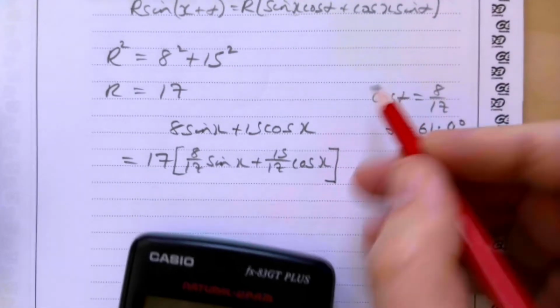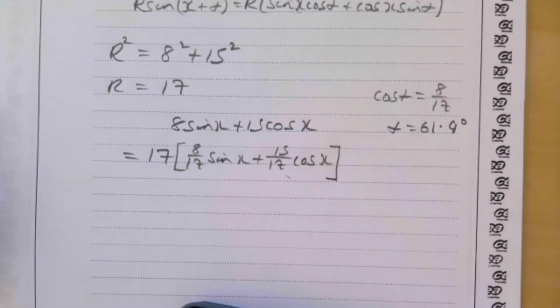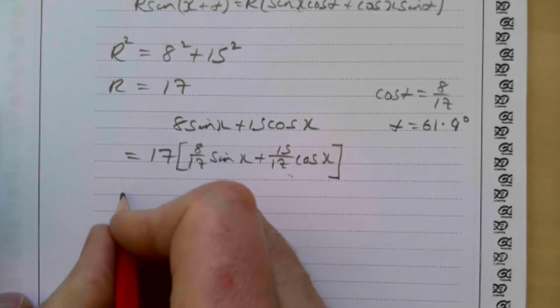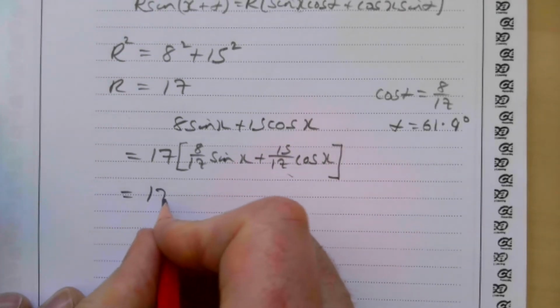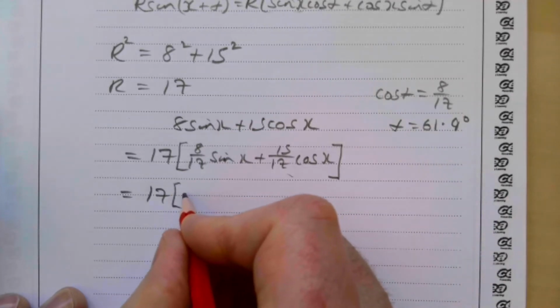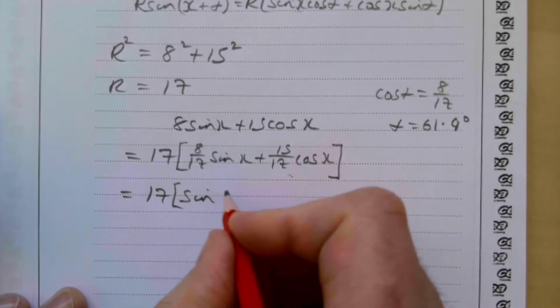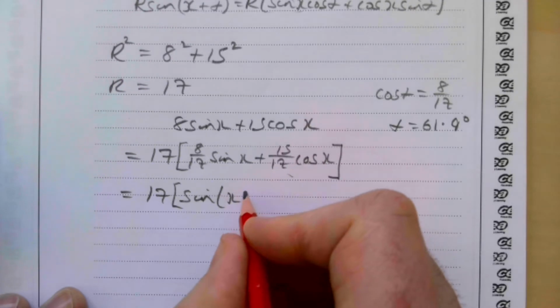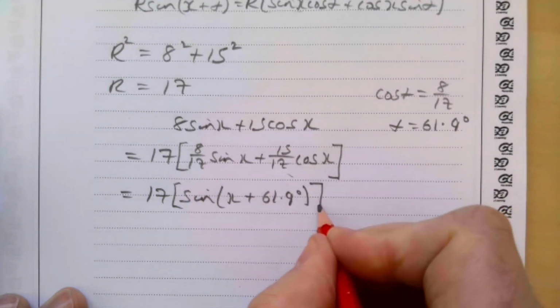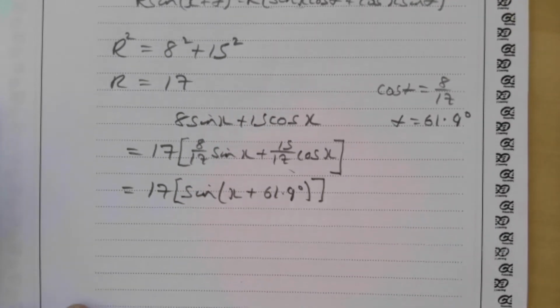Of course, you can do it by tan as well, or you can do it by sine or whatever. So that's going to be 17 sine x plus 61.9 degrees is my other way of writing that.